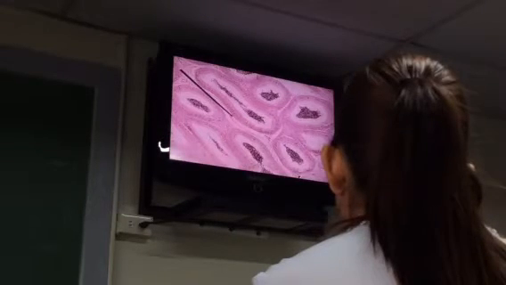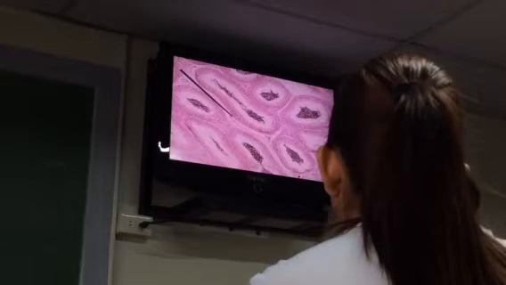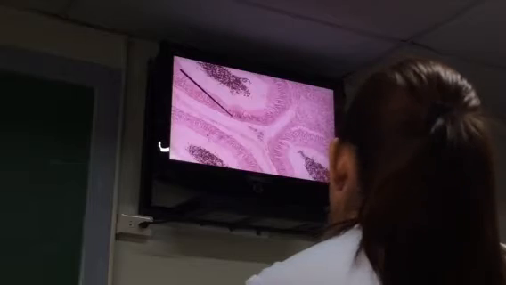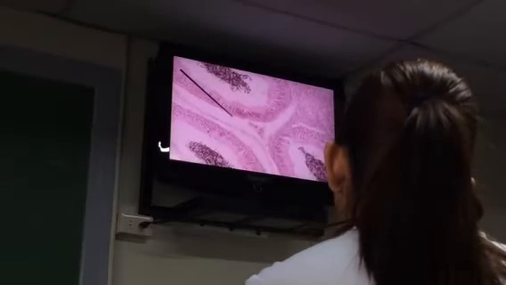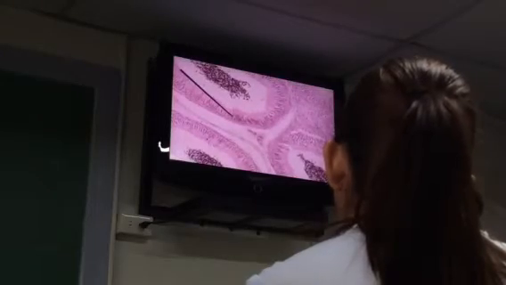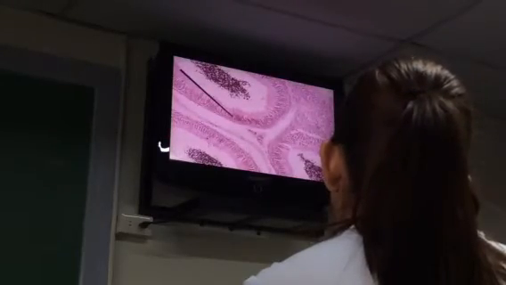Sa seminiferous tubules, we have your so-called seminiferous epithelium. Dito, we have instead a pseudostratified columnar epithelium with stereocilia. Let's look at this under low power first. Ayan po. Of course, this is your basement membrane. There you go. This is your pseudostratified columnar with stereocilia.